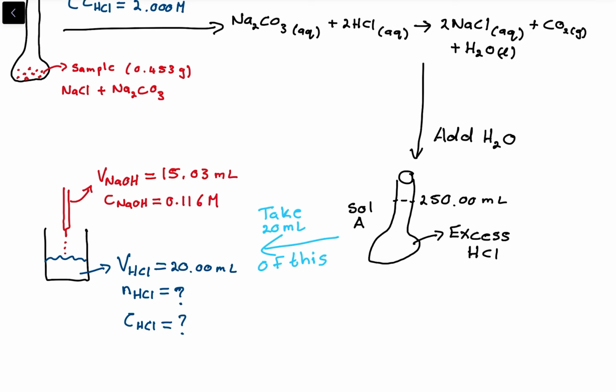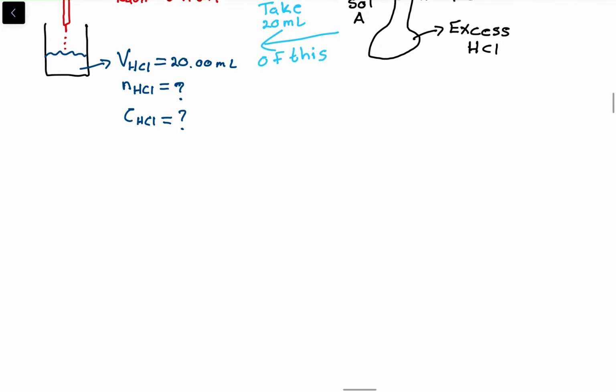Okay, so this gives us a way to determine how many moles of hydrochloric acid was present, or what's the concentration of this 20 milliliter aliquot, from which we can then determine how many moles of hydrogen chloride was in excess, and hence determine how many moles of sodium carbonate must have been present, and hence determine the impurity of the sodium chloride.